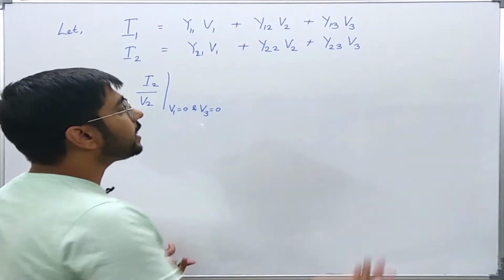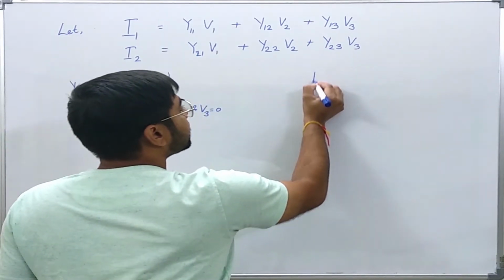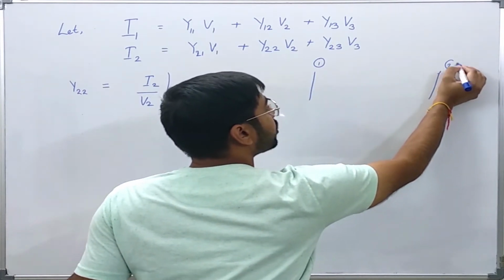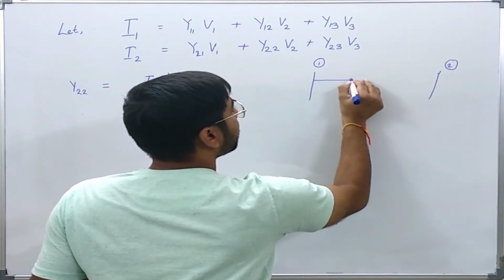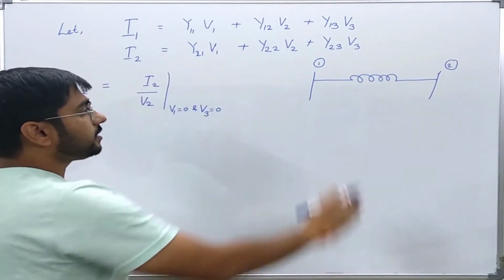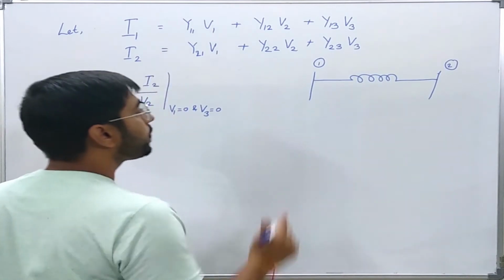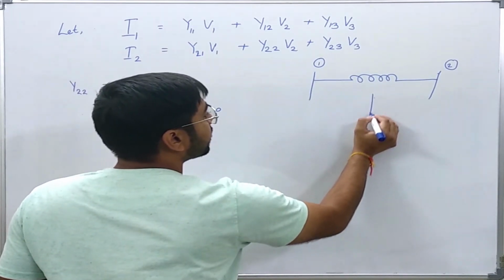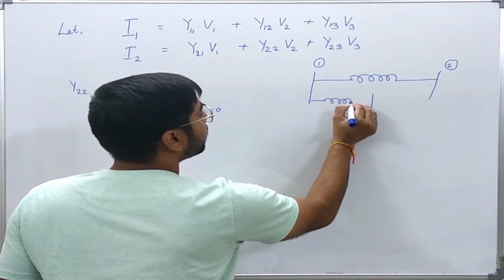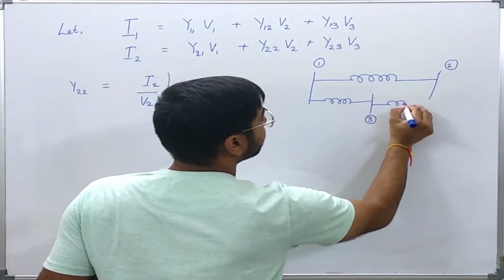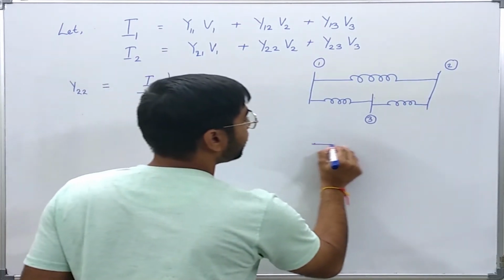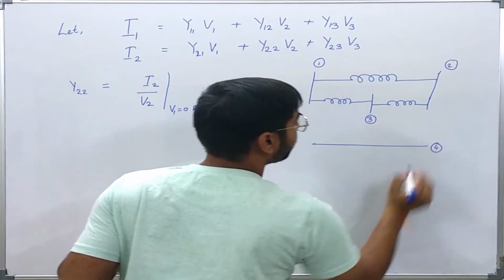So let us say that the given network is such that this is bus number 1 and this is bus number 2, and this is the reactance between bus 1 and bus 2, and this is bus number 3 and this is the reference bus.